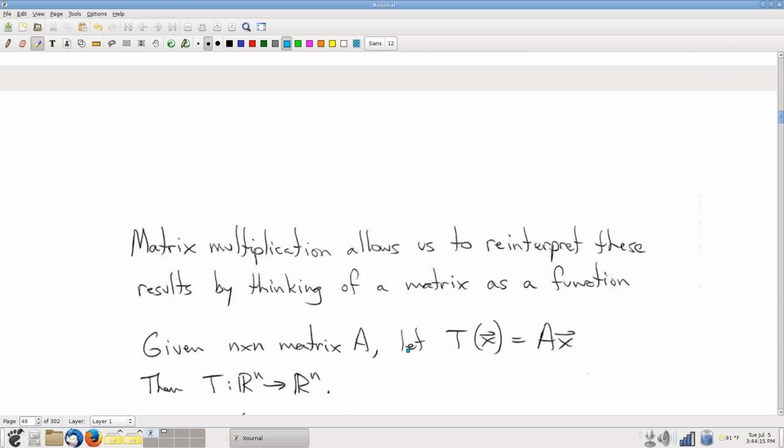Okay. So now, thought of no longer as just a matrix that's just sitting there, but thought of as a function, we're going to be able to reinterpret the facts on the previous page about determinant. Now, in order to do so, we need to make a few observations about this function.